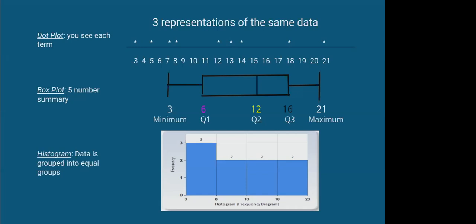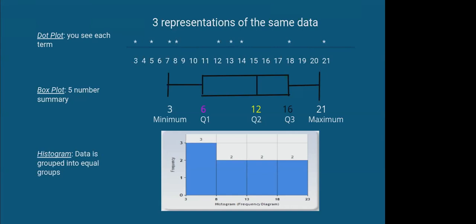Again, the strength of a dot plot is that you can see every term in the data set. That is the beauty of the dot plot. You can see specific things happening. Even if you didn't see the data set ahead of time, if you're given a dot plot, you can easily create the data set.